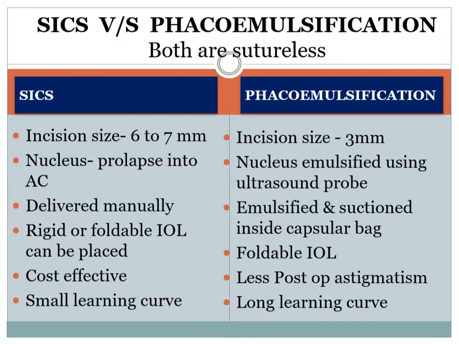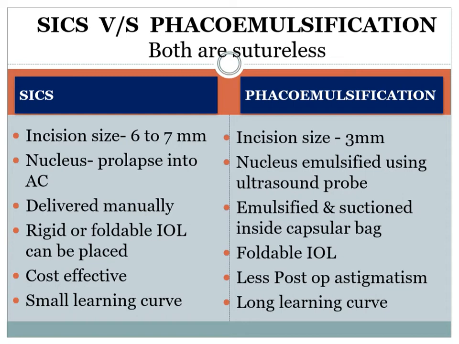Actually, what happens is whenever you try to give any incision, it heals, isn't it? It heals by scarring. So when it heals by scarring, that particular meridian becomes flattened. Okay, so that is the reason you land up in some amount of postoperative astigmatism in any kind of intraocular surgery.